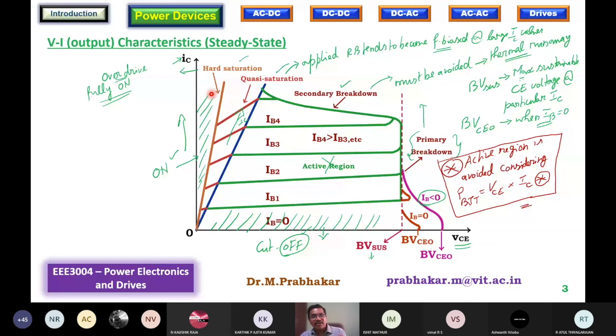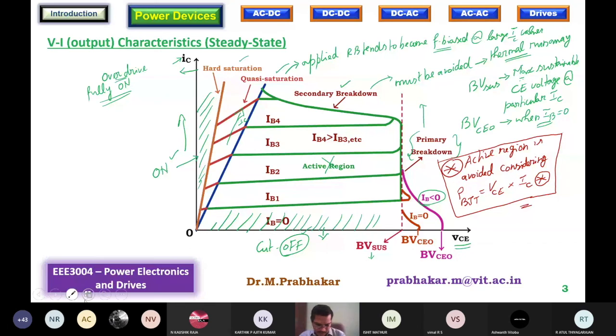Finally, make sure that the device is entering into hard saturation, fifth time duration. So the turn on switching profile of a power BJT will contain these 5 distinct time intervals.